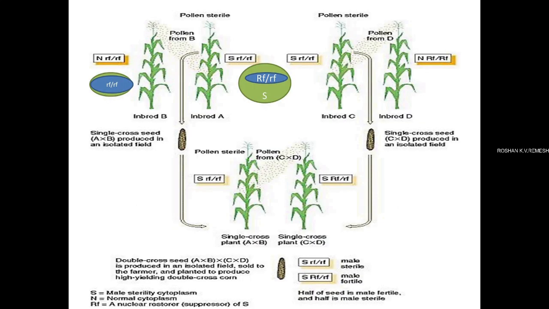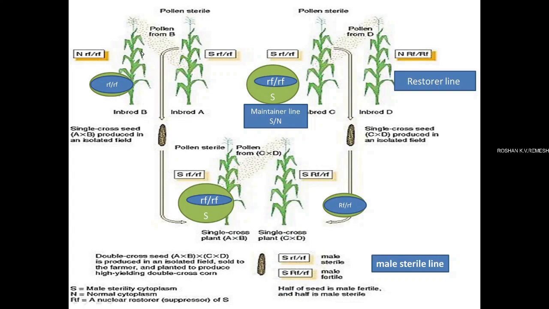Now we will get more details in this schematic representation. In this picture, there are four different lines of plants: A, B, C, and D. Now we are going to cross A with B and C with D. Here in this picture, A and C lines are considered as the female plants because we are going to pollinate the flowers of A and C with the pollen from B and D lines.